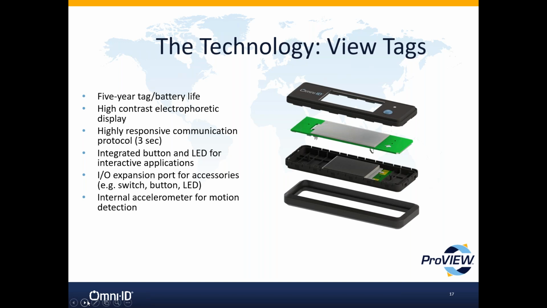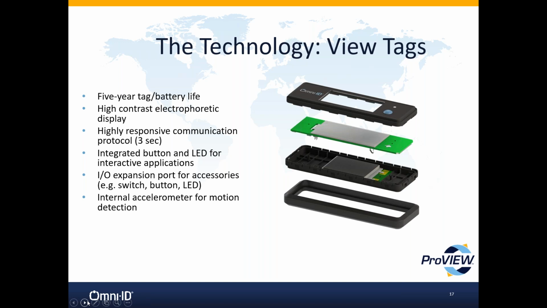An important part here is the expansion port on the back. The back of the tag has a small 4-pin header that can be exposed by removing a sealed sticker on the back. That 4-pin expansion header allows you to put extra things like a mechanical switch, a big clown nose button, a light stack, something that you want to flag in your process.